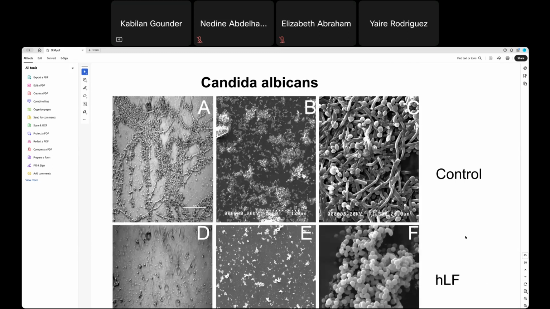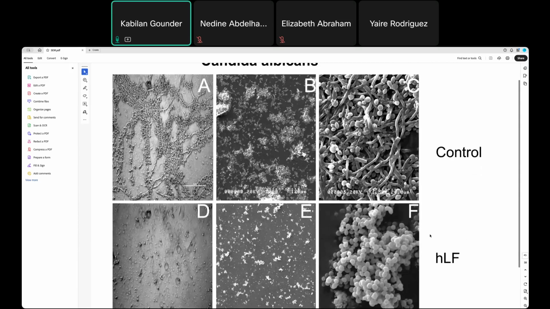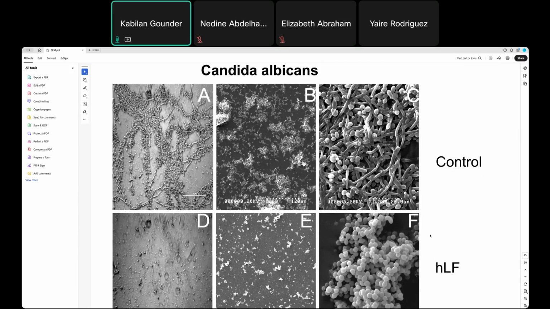Another important feature is that we wanted to compare the light microscopic structure as well as the scanning electron microscope. When you look at the light microscopy, when you grow Candida albicans, it forms a biofilm as well as hyphae.